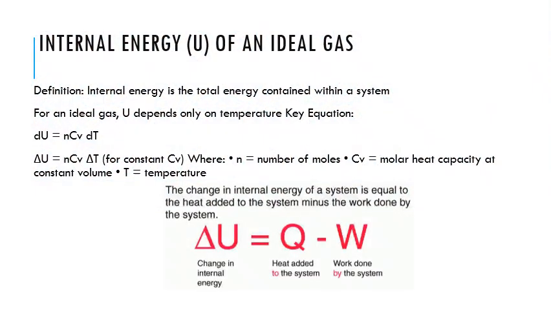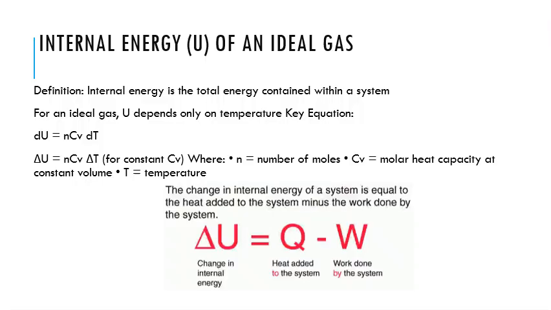So, internal energy, U, of an ideal gas. Internal energy is basically all the energy stored inside a system, including the energies from every moving molecule. For an ideal gas, this internal energy depends only on temperature, not on pressure or volume.